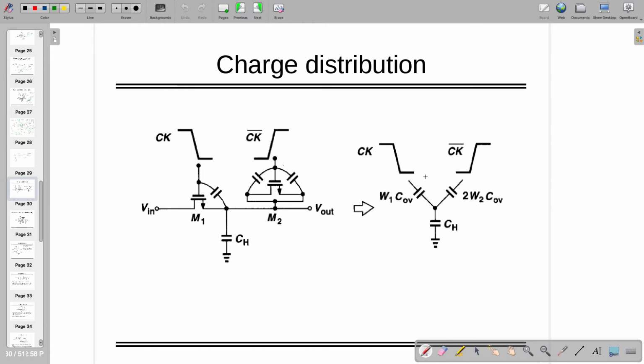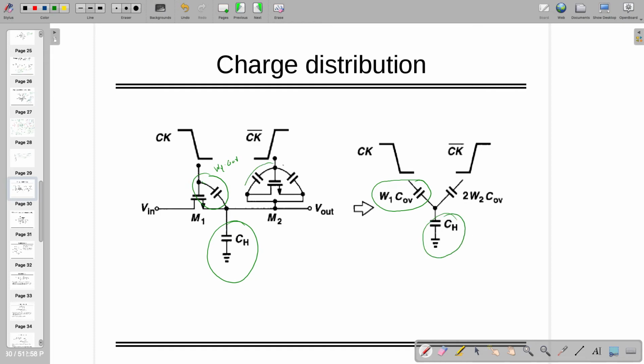So when you are doing this, when it's going from 1 to 0 and this is going from 0 to 1, you can see that there is a capacitor which is this one, W1 times C overlap. So it's overlap capacitance. This is the head capacitor, no problem.